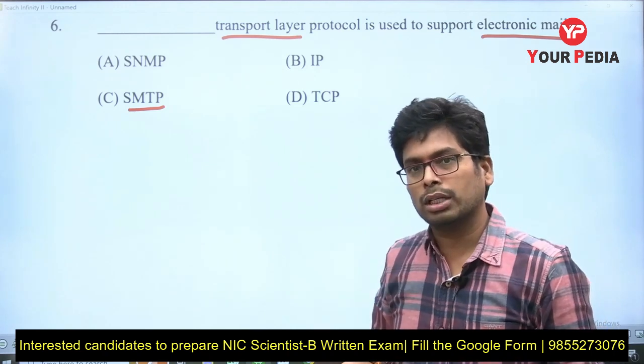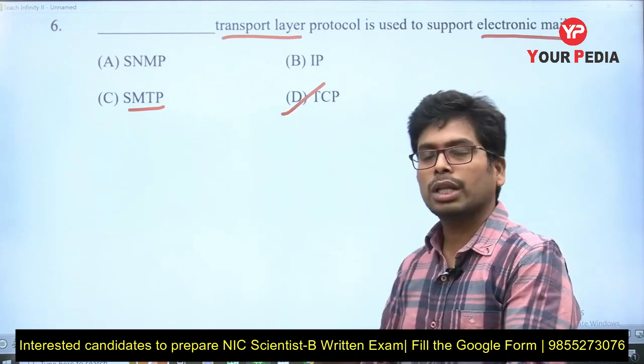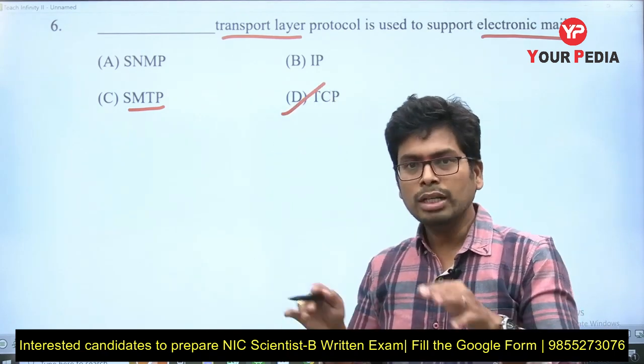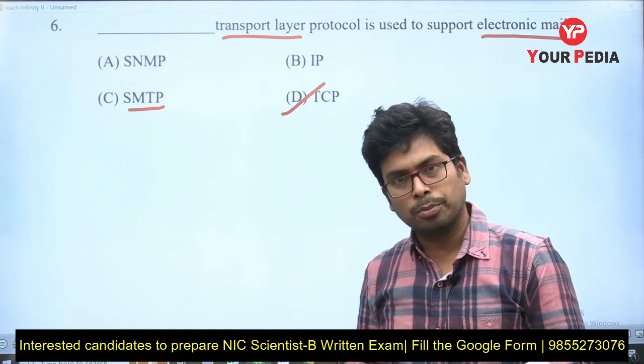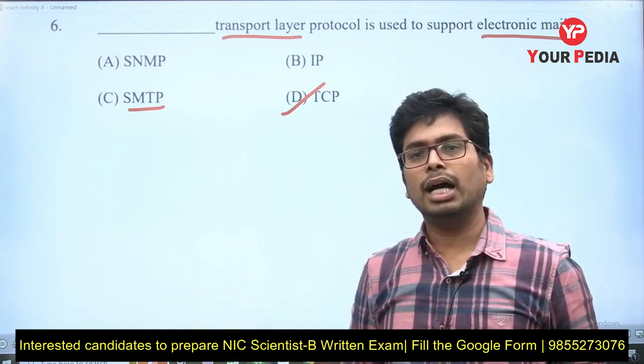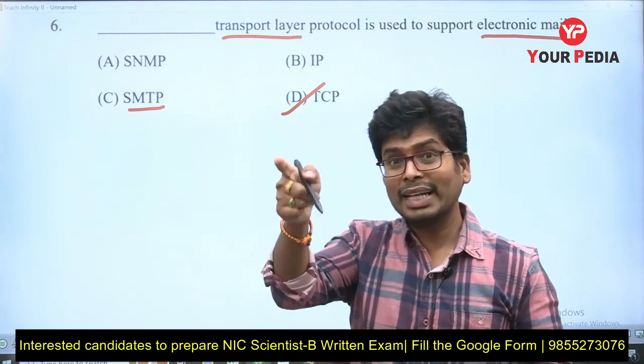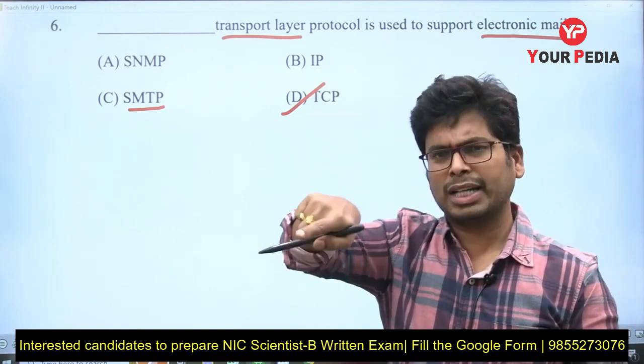Who should take care of this transport? TCP protocol has to take care of the transport. Transmission Control Protocol is the protocol which is used to transport data from one system to another. Okay, so which type of data is it following?